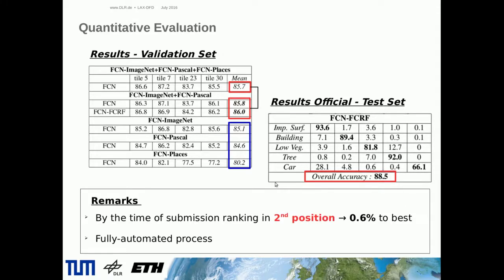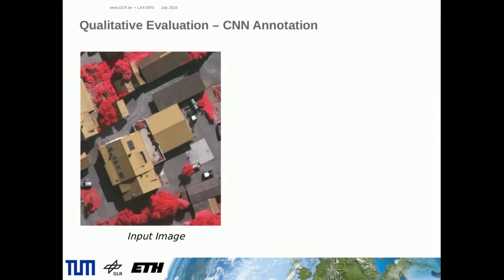With this 88.5, at the time of the submission, we were ranking in second position, 0.6 behind the best scoring model, which was done by another colleague. But our process was fully automated, whereas their process had some additional hand-engineered features and so on.